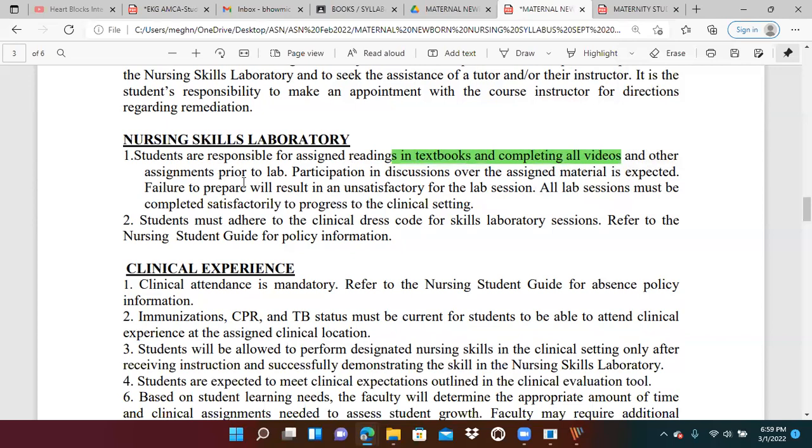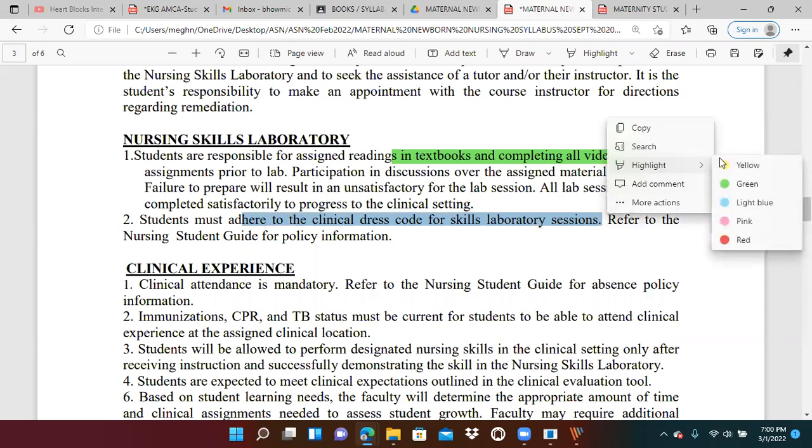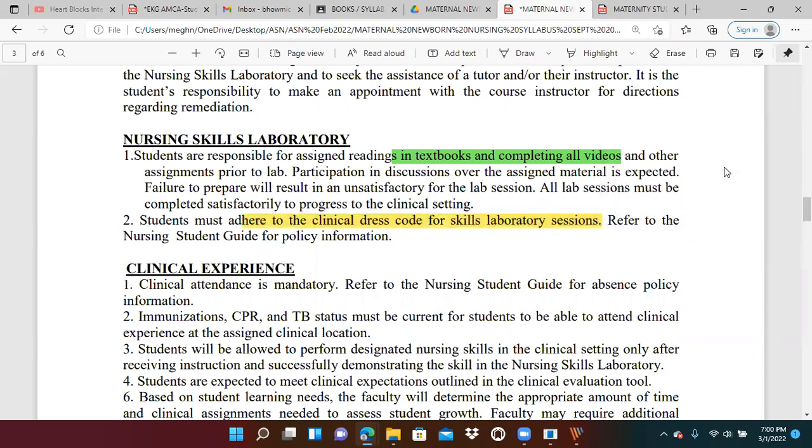Other assignments prior to lab or participation in discussion over assigned materials is expected. Students must adhere to the clinical dress code for skill laboratory sessions. When you come to the school, don't panic right now. It is in the future, not now.